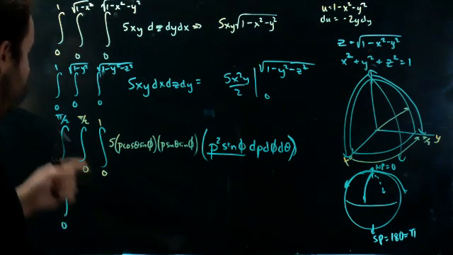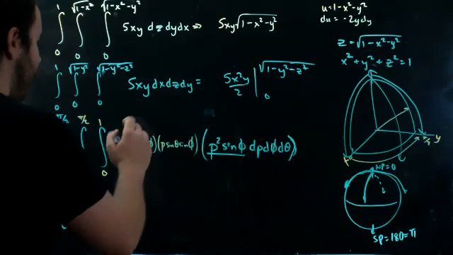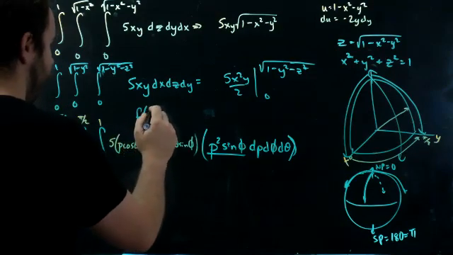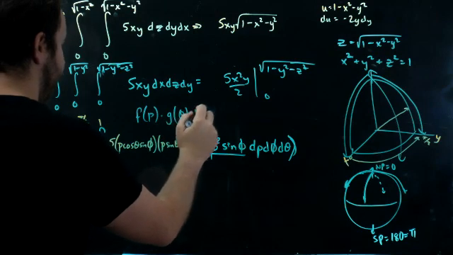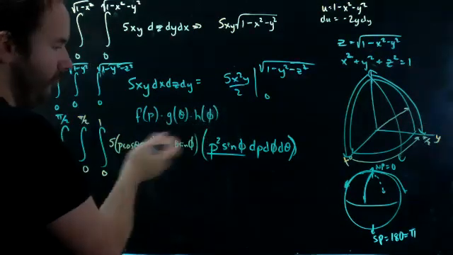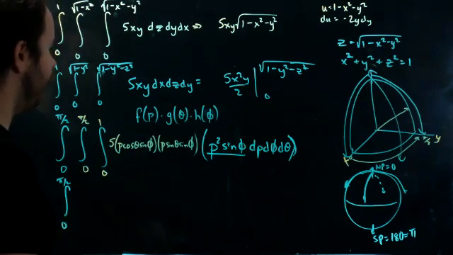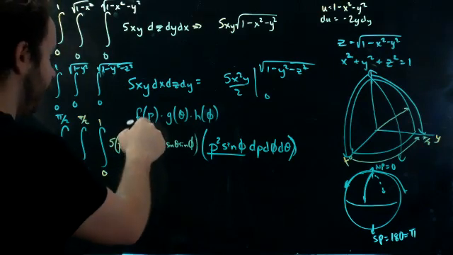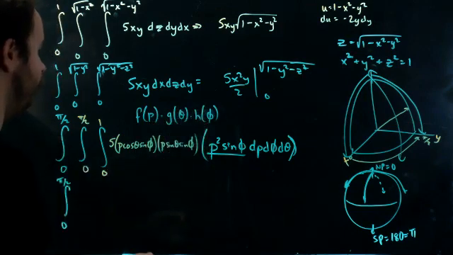Let me repeat that. If the bounds are all constants and the function can be written as some function of rho times some function of theta times some function of phi, and this is true for any coordinate system, it doesn't have to be spherical, you can do each individual integral separately.